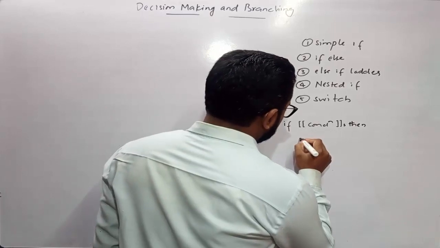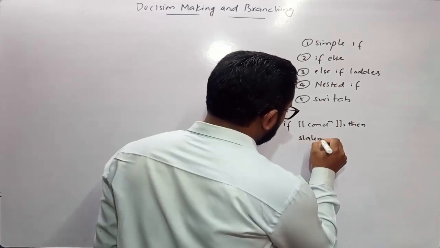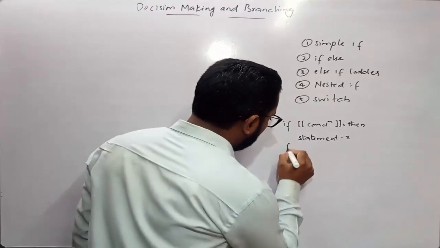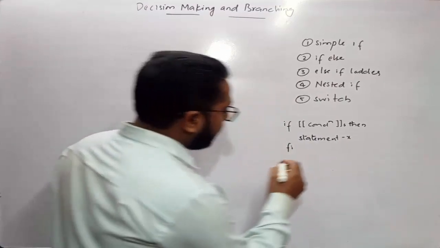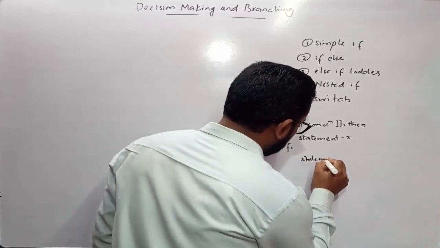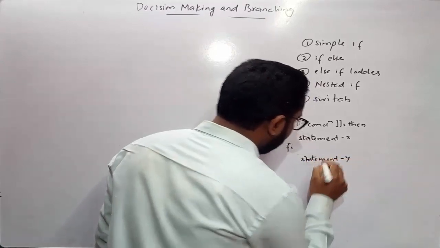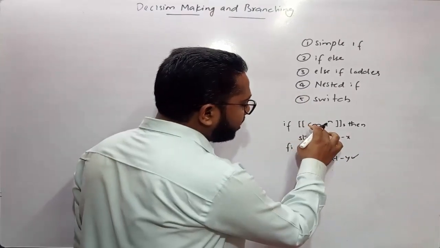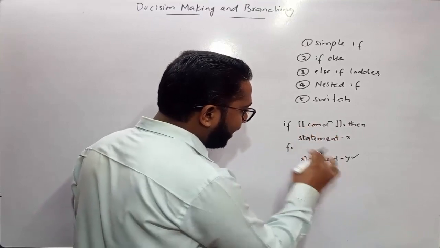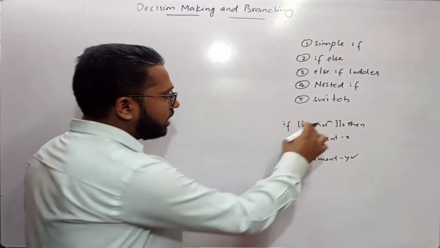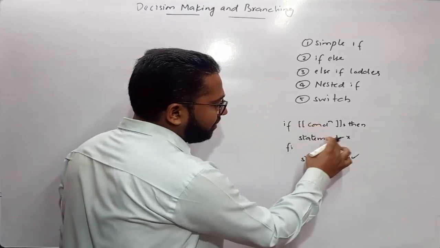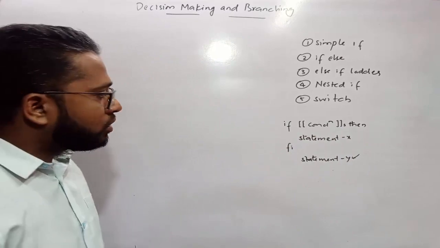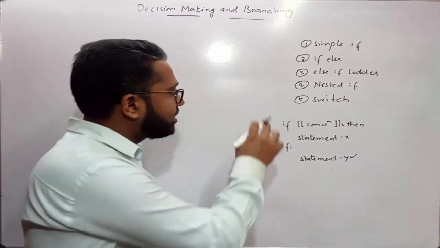Next, statement X. Then you need to close the if by using fi, then here statement Y. So how does this if condition work: if this condition gets satisfied, then both statement X and statement Y get executed. If the condition didn't get satisfied, then statement X will not get executed, only statement Y gets executed. I hope you guys have understood how this simple if works.